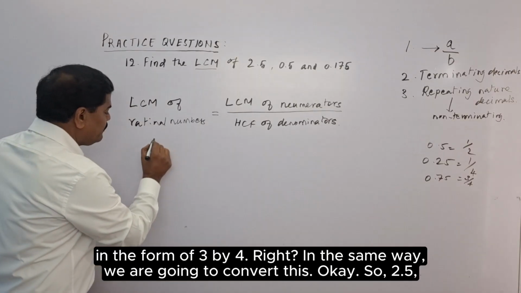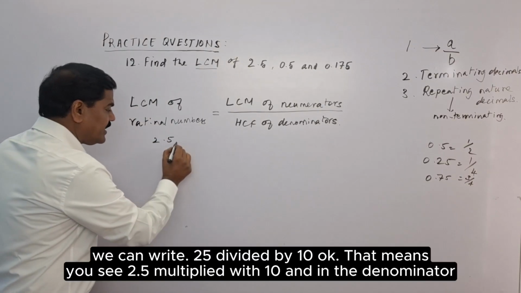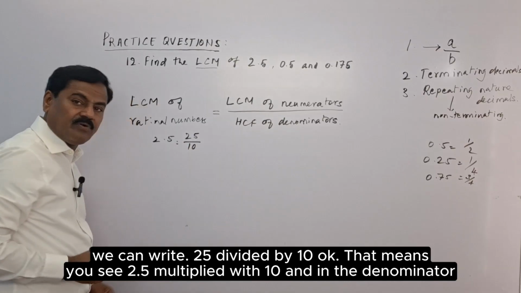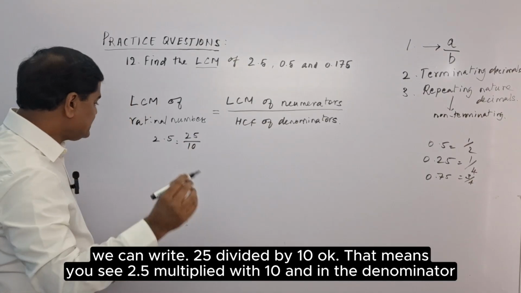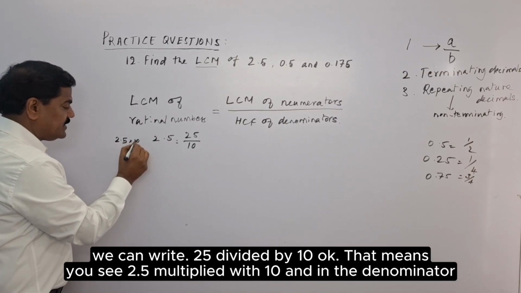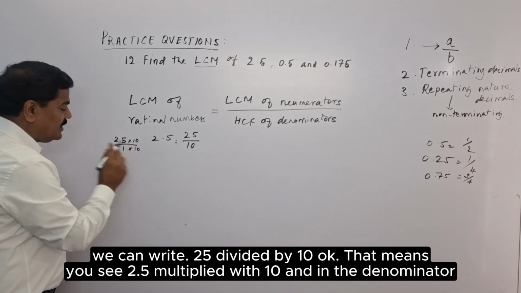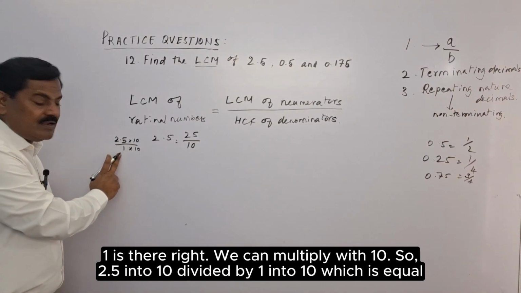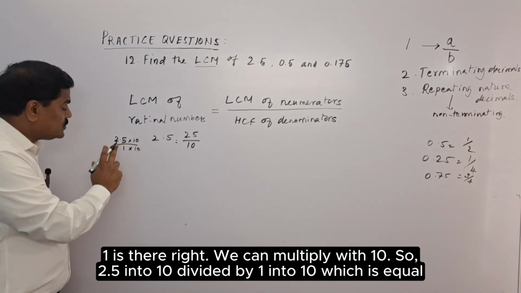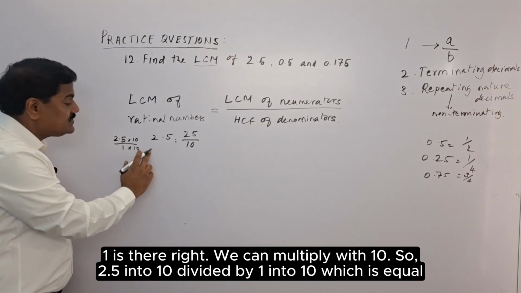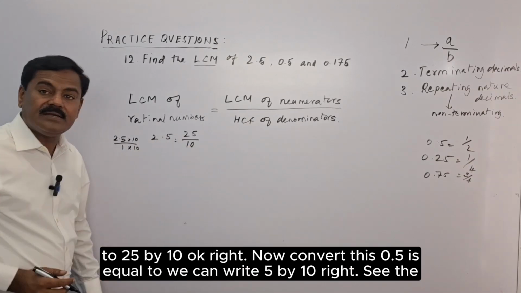So 2.5, we can write 25 divided by 10. That means 2.5 multiplied with 10, and in the denominator 1 is there, we can multiply with 10. So 2.5 into 10 divided by 1 into 10 is equal to 25 by 10.